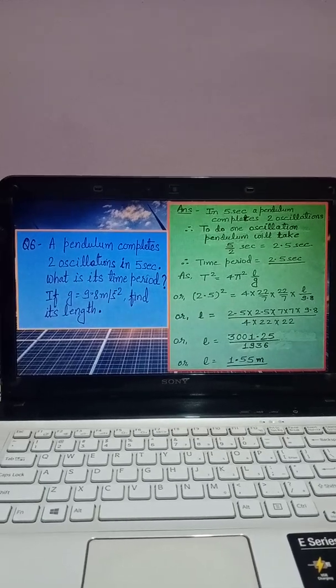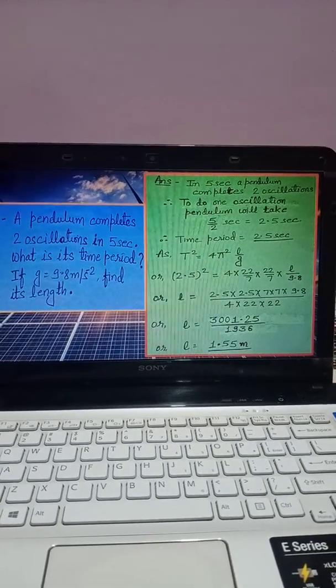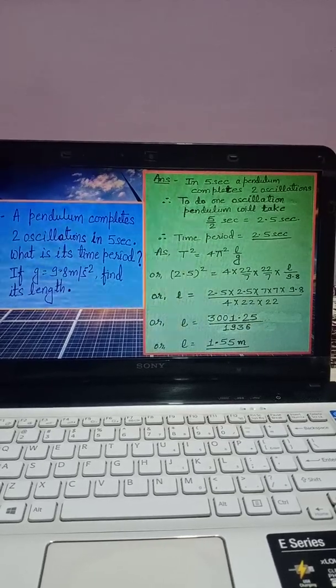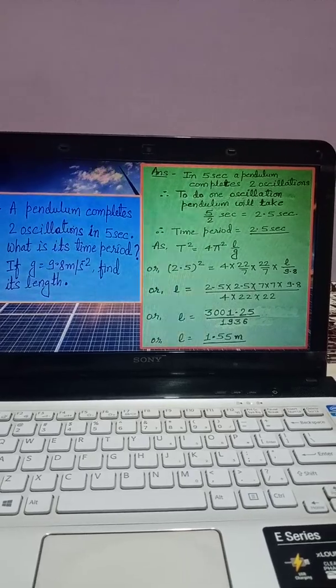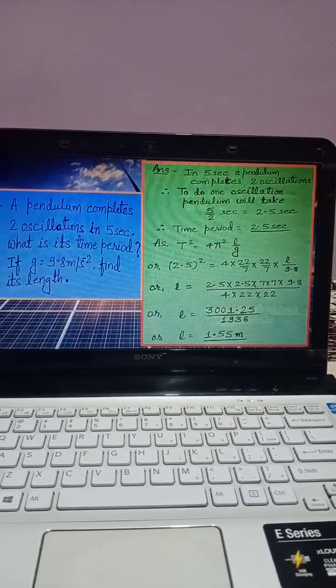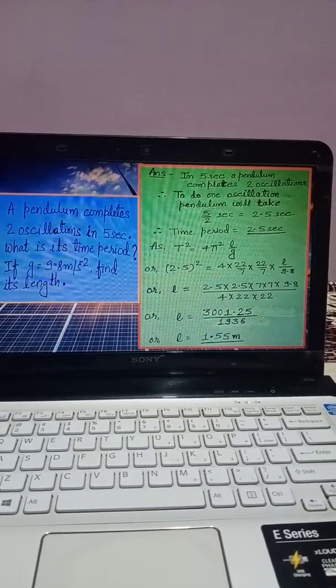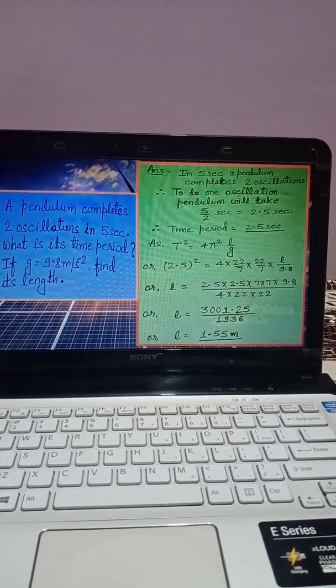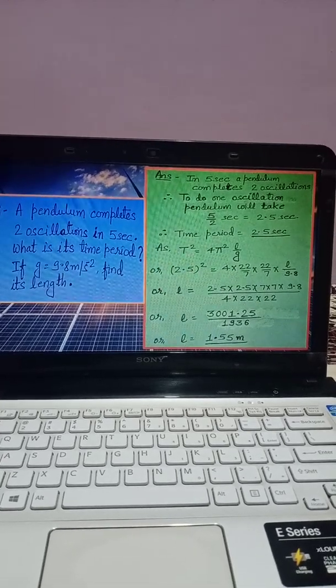So here we have the solution. In 5 seconds a pendulum completes two oscillations. Therefore, to do one oscillation the pendulum will take 5 by 2 seconds, which is equal to 2.5 seconds. So the time period is equal to 2.5 seconds.